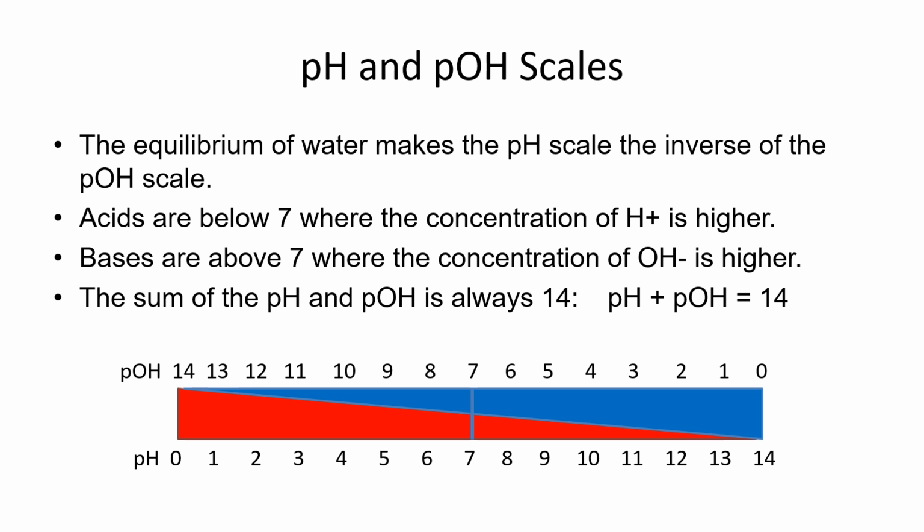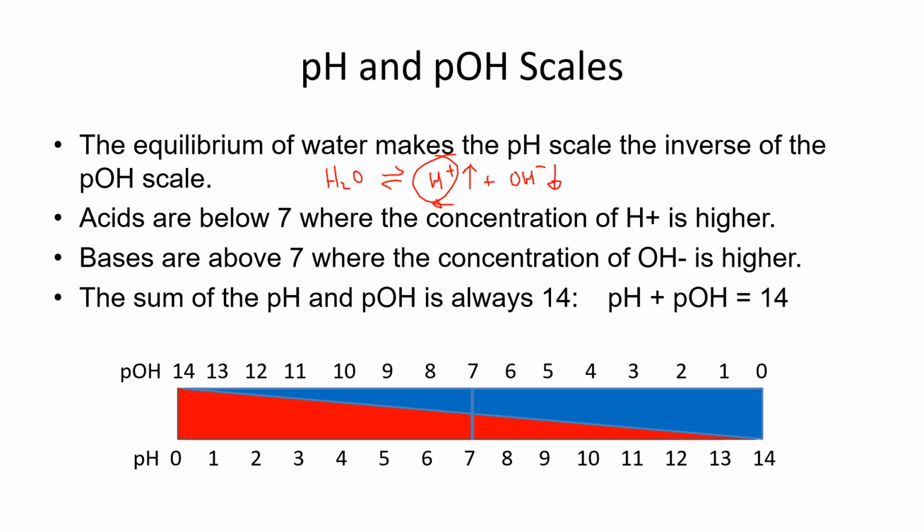So the last point to include here is that when you have this equilibrium with water, you've got the water and it is in equilibrium with hydrogen ions and hydroxide ions. If you make something acidic and increase the amount of hydrogen ions, that is going to drive the equilibrium that way, of course, and decrease the amount of hydroxide ions.